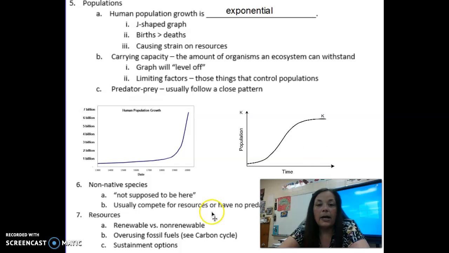Okay. All right, and then a couple other things that could be on there for this are non-native, or I learned it as invasive species. So these are organisms that are not meant to be in a particular area. And the reason they can be harmful is they may not have any natural predators, or they may not have any natural competitors. So then their population can get way out of control. You know how they're dropping off boas in the Florida Everglades?